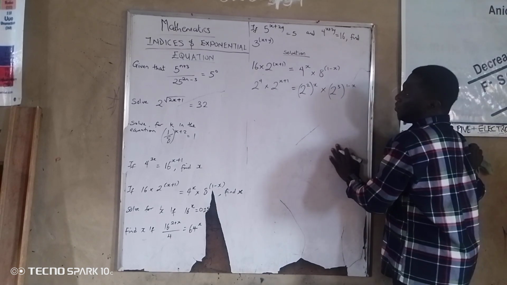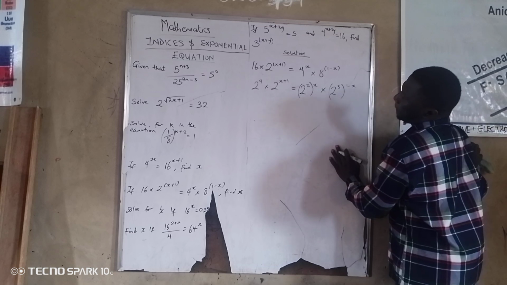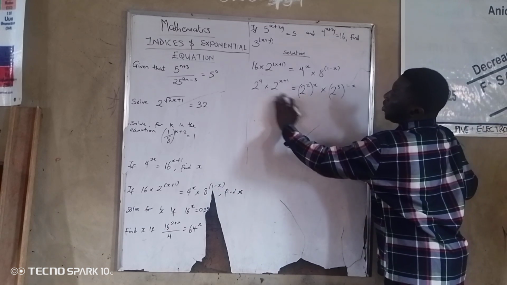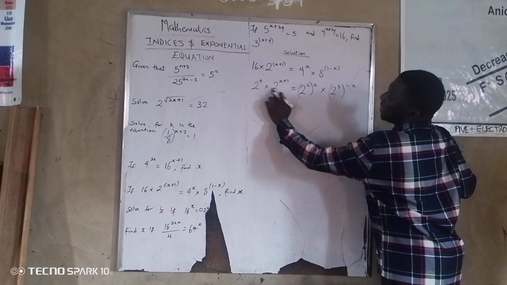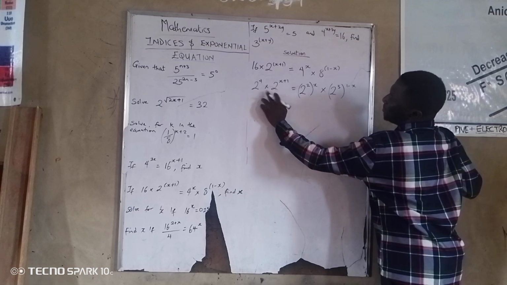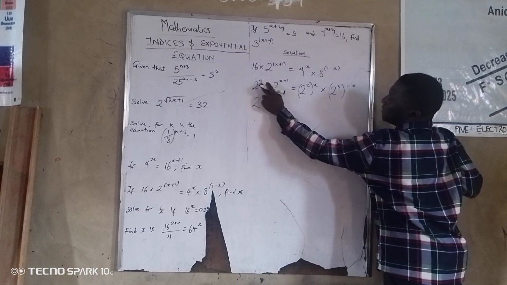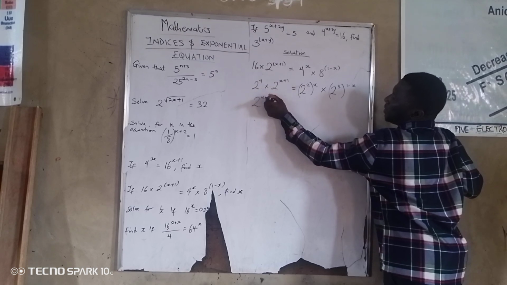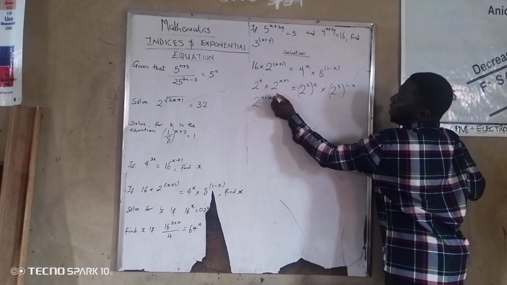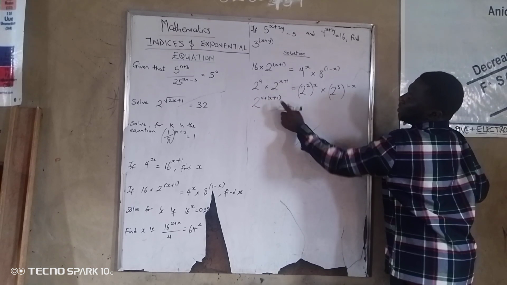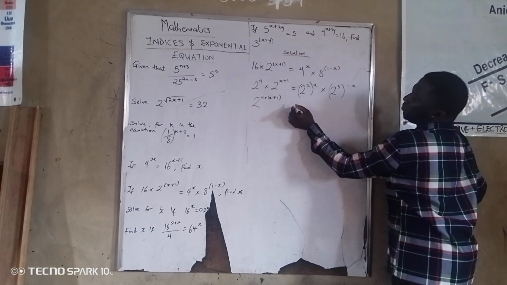Alright, so now from the law of indices, you see that these two have the same base. So we can pick one of the two so that we add the powers. So 4 plus, in brackets, x plus 1, equals 2.